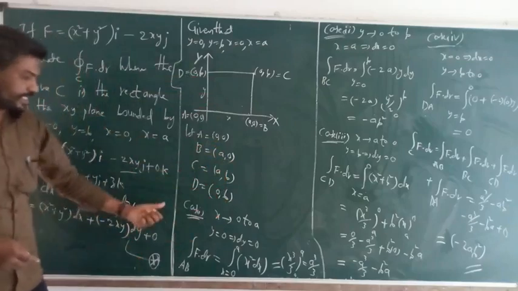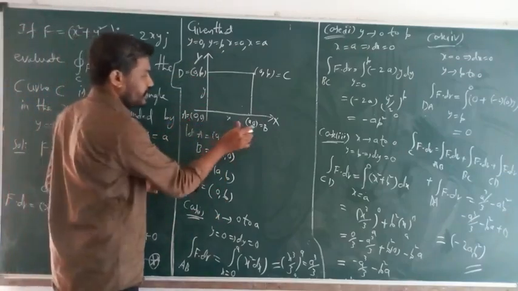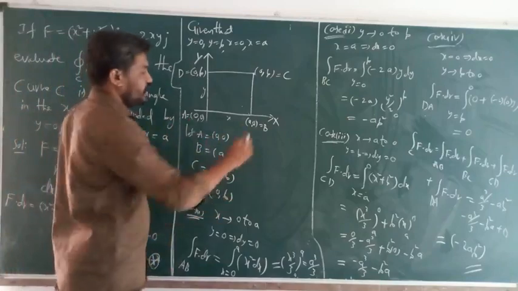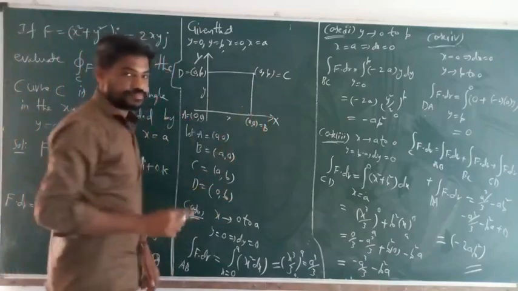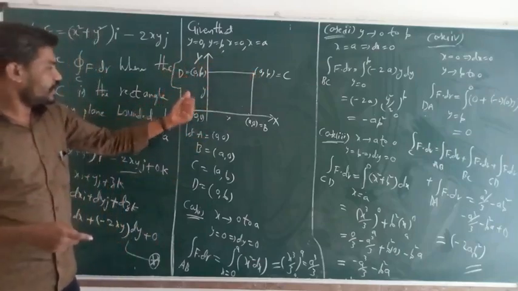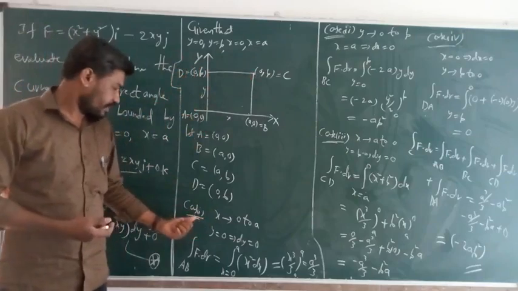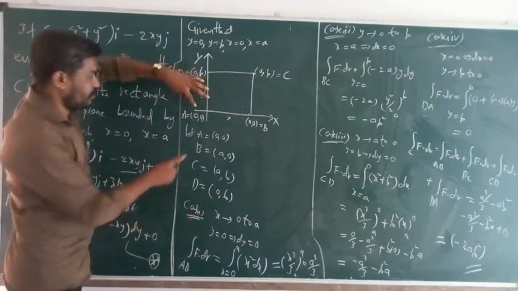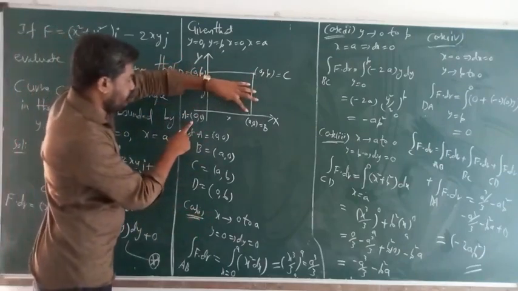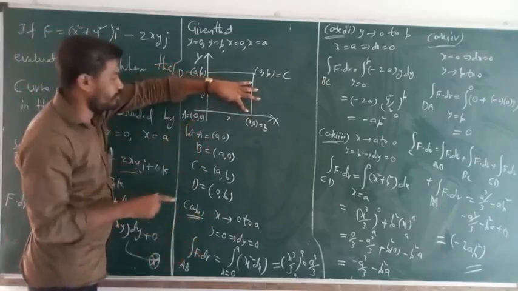Case 1 is the line integral from A to B, next the line integral from B to C, next C to D, and next D to A. Total four cases. I am selecting case 1 first. Very important: for the integral over AB of F·dr, the limits are very important.